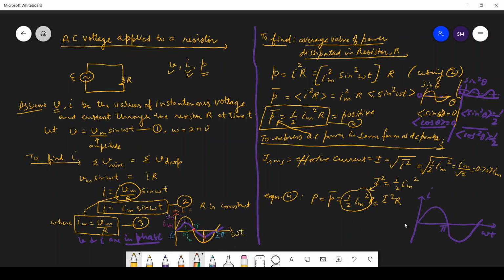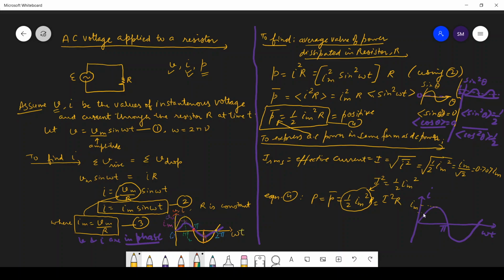Now look, this is your I maximum, and I maximum into 0.7 will be your IRMS, or capital I. So we have three currents.